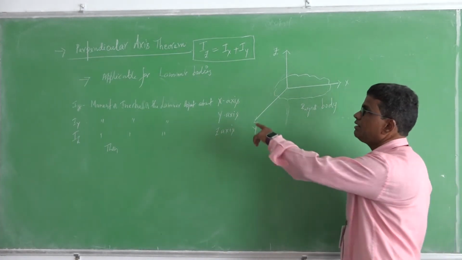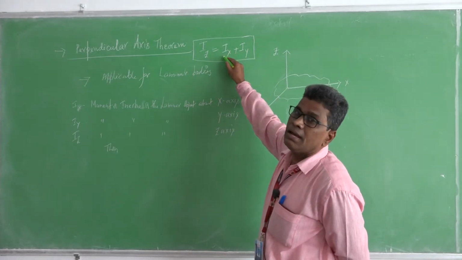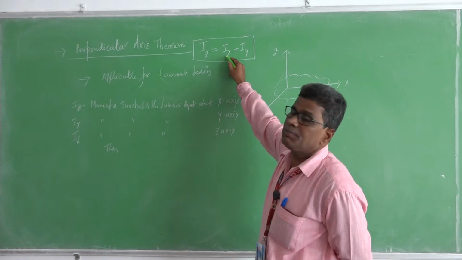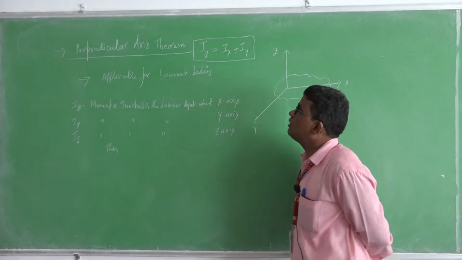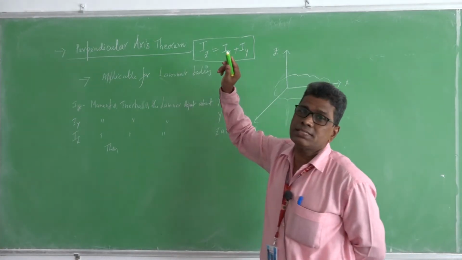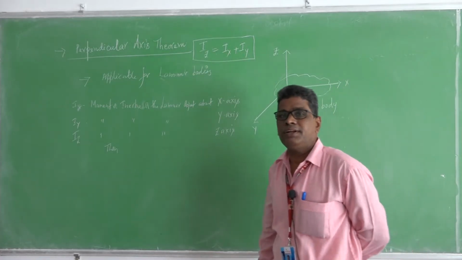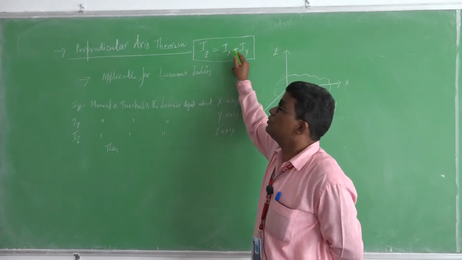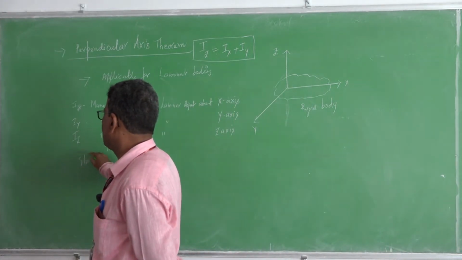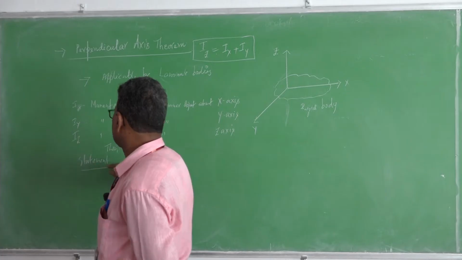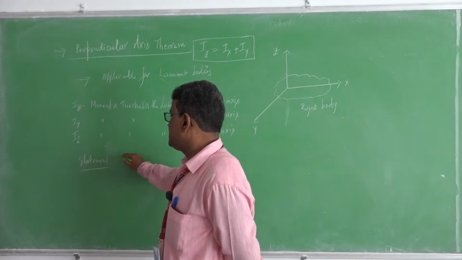It says that the sum of the moments of inertia of the lamina about any two perpendicular axes in its plane is equal to the moment of inertia of the same body about another axis which is perpendicular to the first two axes and passing through the point of intersection of the first two axes. I will write the statement here.